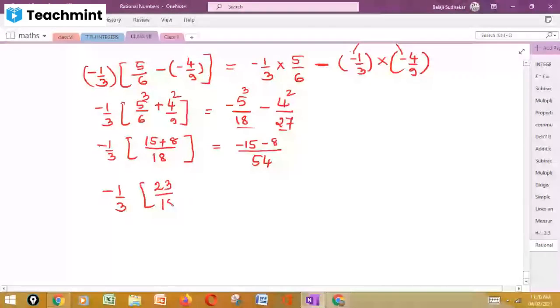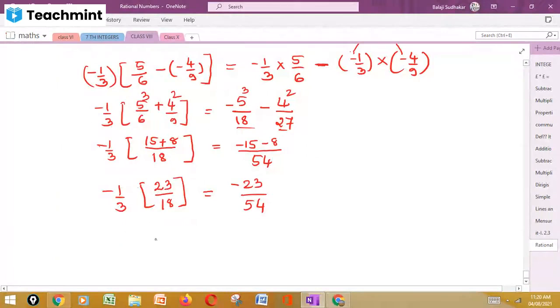By 54. Here, minus 15 minus 8, 23, so minus 23 by 54.